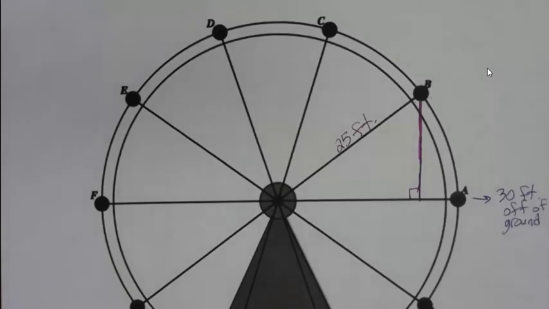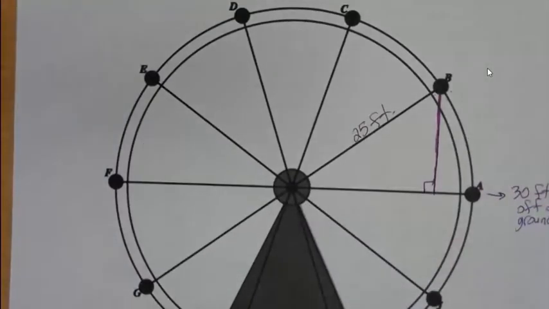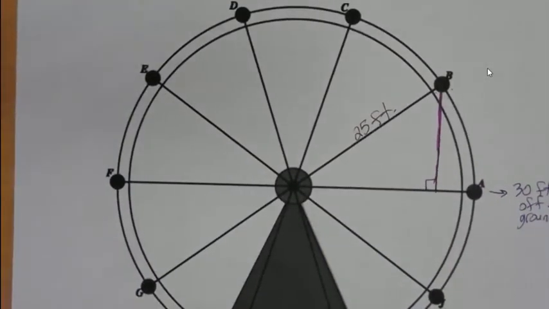Now that we have that 25-foot radius labeled, we're going to use some trigonometry. In order to use trigonometry, we need angles. The whole circle is 360 degrees, and we also know that there are 10 spokes on this. So the number of degrees between each spoke has to be 36 degrees.